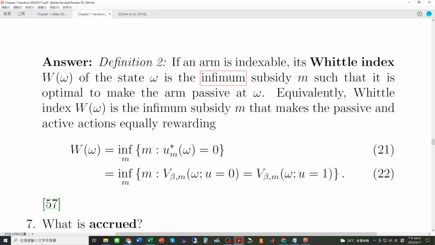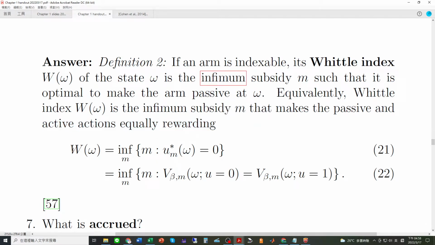Definition 2. If an arm is indexable, its Whittle index W(ω) of the state ω is the infimum. We will explain what infimum means later. It is the subsidy M such that it is optimal to make the arm passive at ω. Equivalently, the Whittle index W(ω) is the infimum subsidy M that makes the passive and active actions equally rewarding.